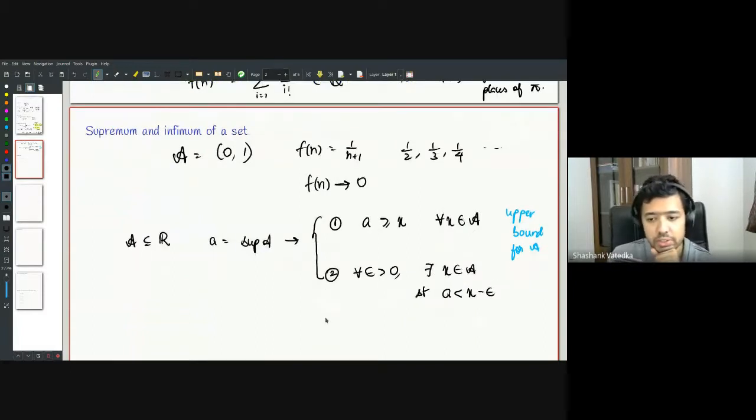Okay, so let's see an example. Let's say that A is the set that I have above, the open interval (0, 1). Right? So what is the supremum of the set A?